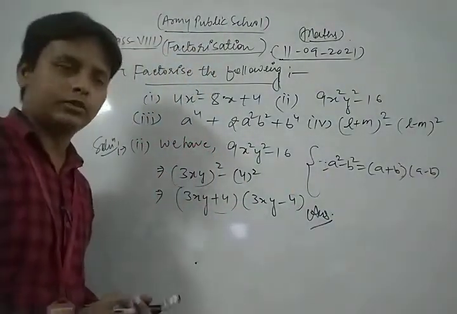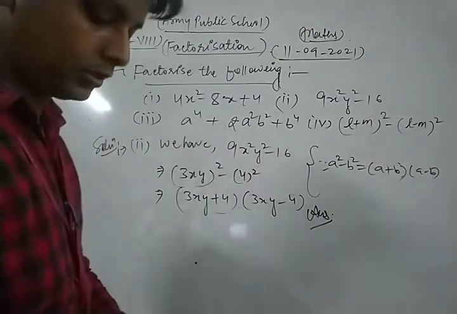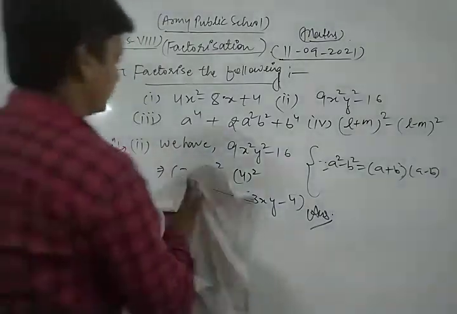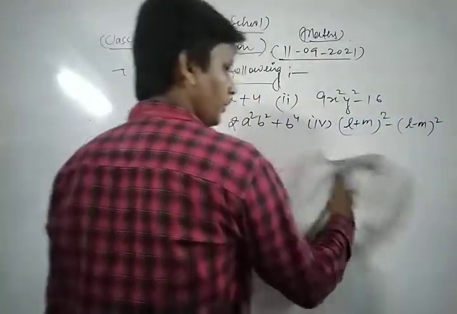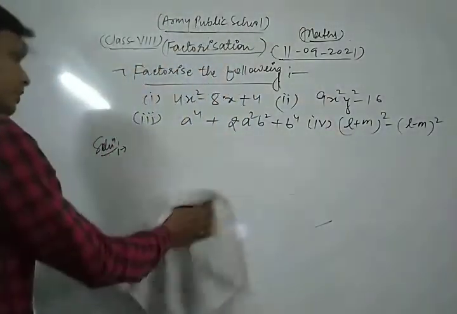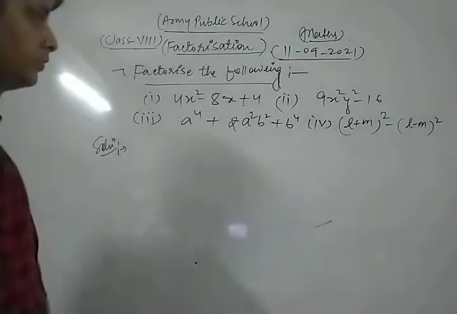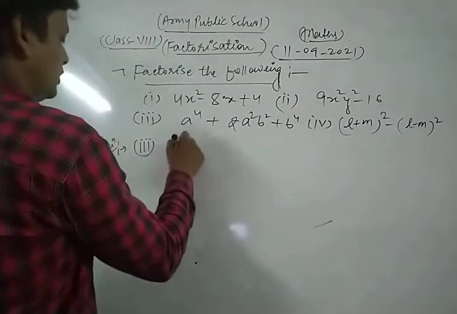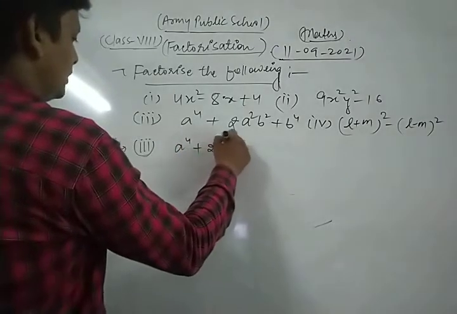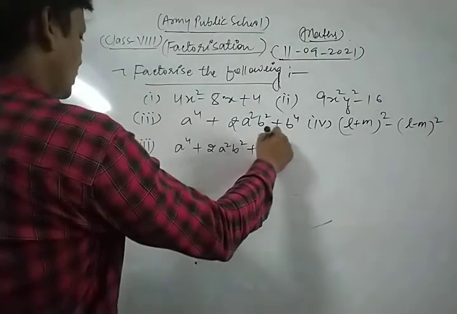Similarly, dear students, we take and solve the third part of this question. Let's see. It is a power 4 plus 2a square b square plus b power 4.